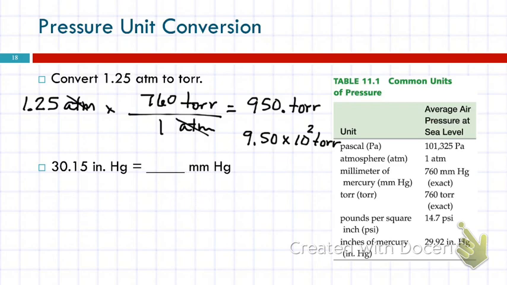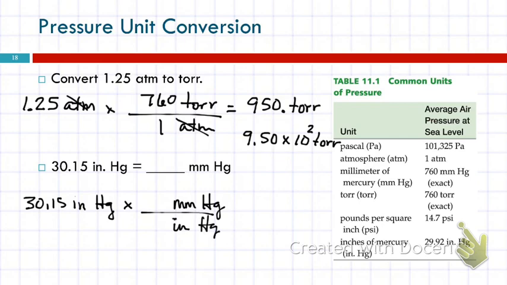Here we're given an equality and asked to fill in the blank. This is asking us to convert inches of mercury to millimeters. So 30.15 inches of mercury. I can do this in one step. I could do this in a lot more steps, but I like the short way. So I put millimeters of mercury on top, inches of mercury on the bottom, inches cancel out.